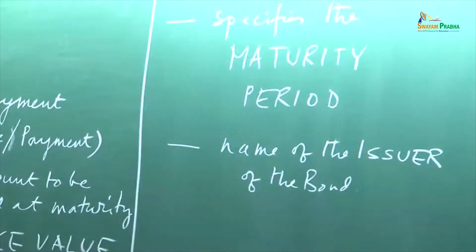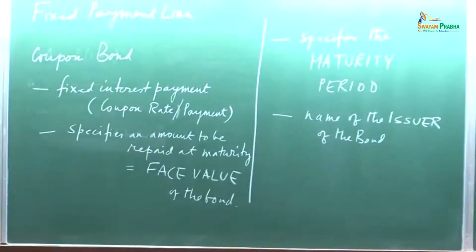So if the Government of India has sold this bond to you, Government of India would be written. If the UP government has sold it, UP government will be written on it. If Tata Consultancy Services sold some bonds, it will be written on it. So the name of the issuer is also a very important feature of these bond papers called coupon bonds.